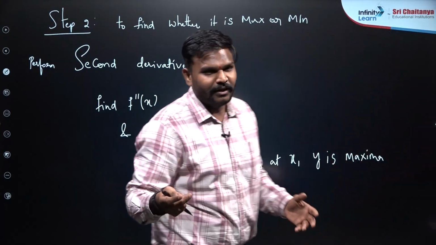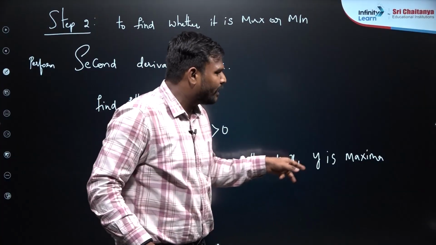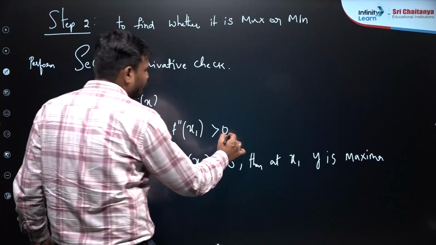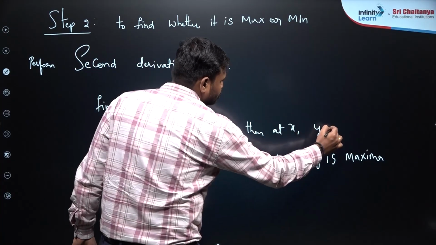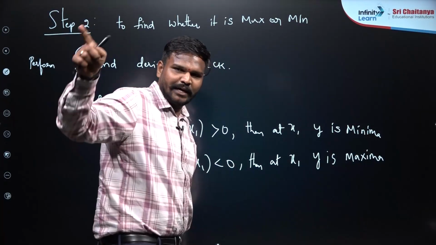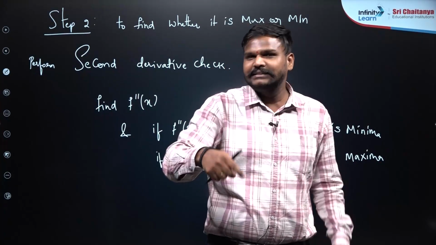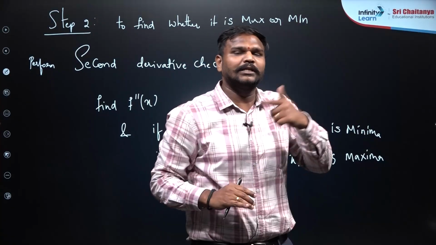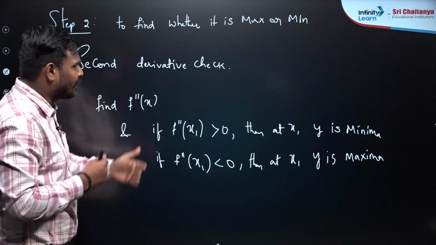If I found second derivative negative, I will declare that at x1 the graph is maxima, and if it is greater than 0, then I will declare minima point, because at minima point till the time it decreases, now it starts to increase. So the slope of slope, that is derivative of derivative, will be a positive number because it keeps increasing beyond that point. That means greater than 0. Correct?